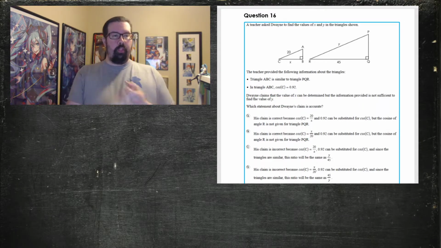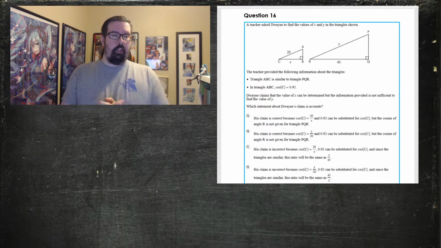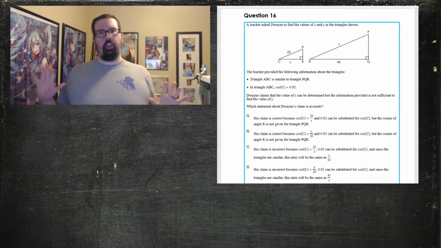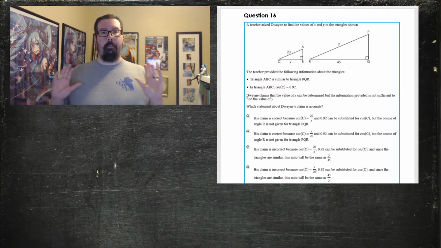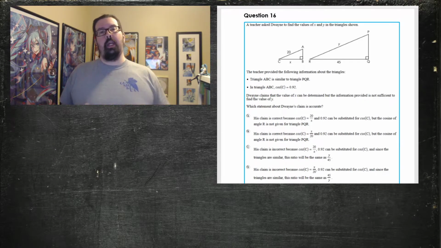So we know the cosine of C, we know the hypotenuse of ABC, and we know one of the legs of PQR. They're similar triangles, so there are corresponding parts. When they're similar, that means the angles are the same, even if the sides are different lengths.